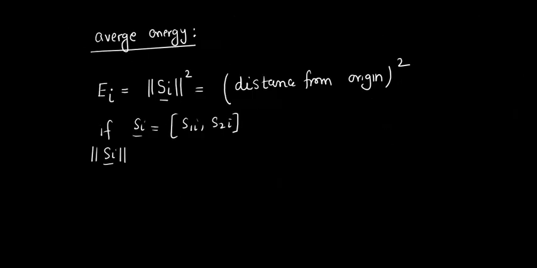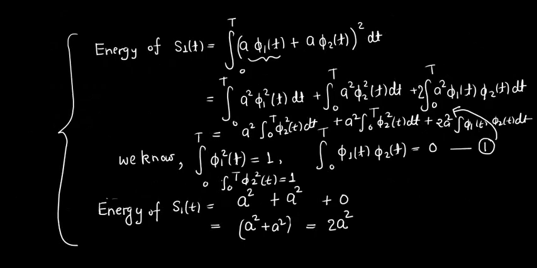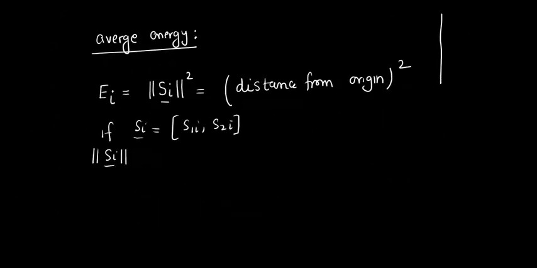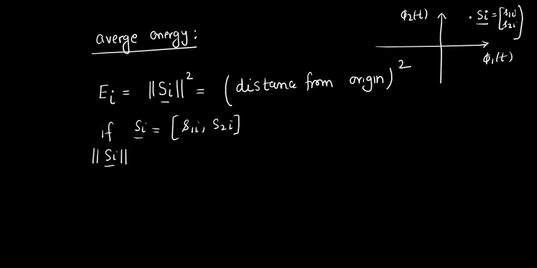This is the projection of. So, if any general point I say that this is phi 1 t, this is phi 2 t, and this is any general SI vector, right? कैसे होगा? S1i, S2i, which component is S1i? Means S1i is the projection of this over this, or the x component or the horizontal component, and this is the S2i.